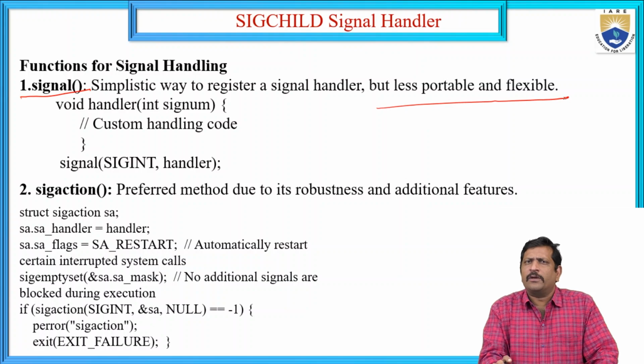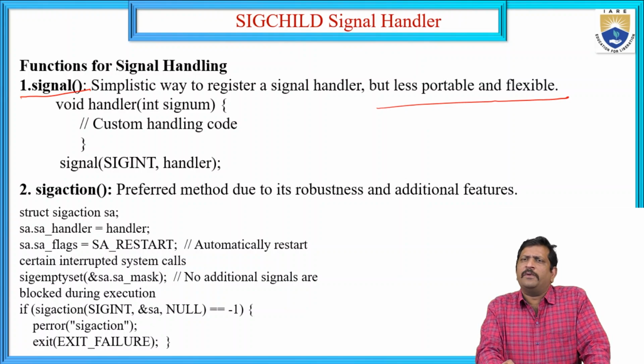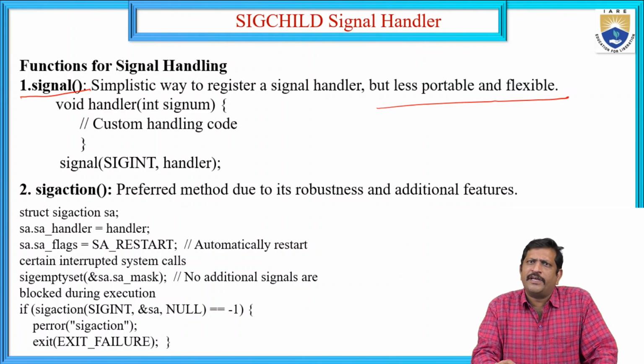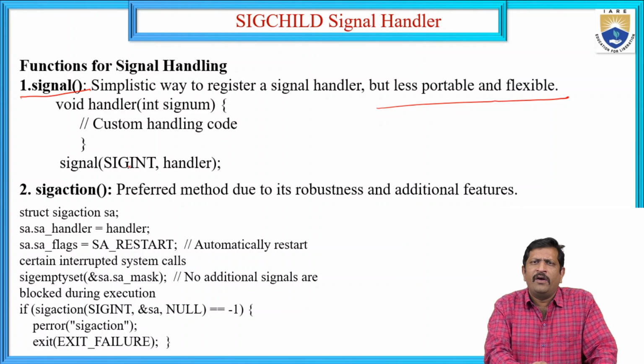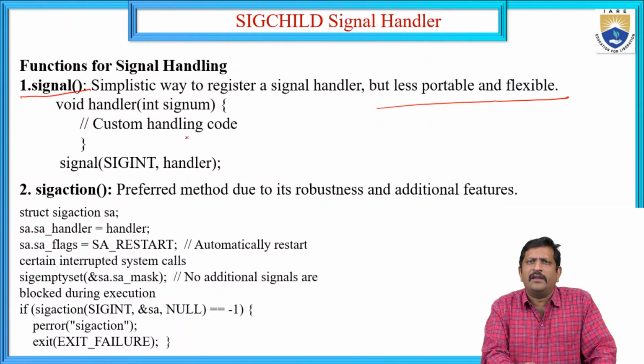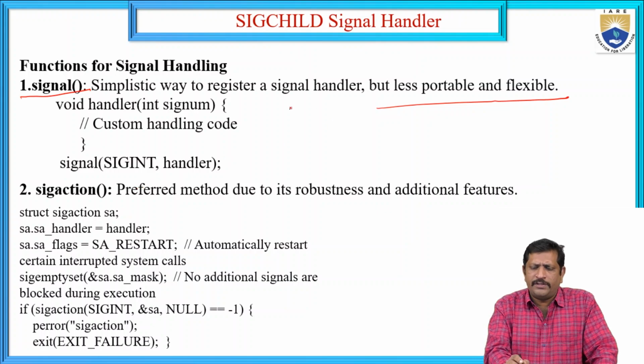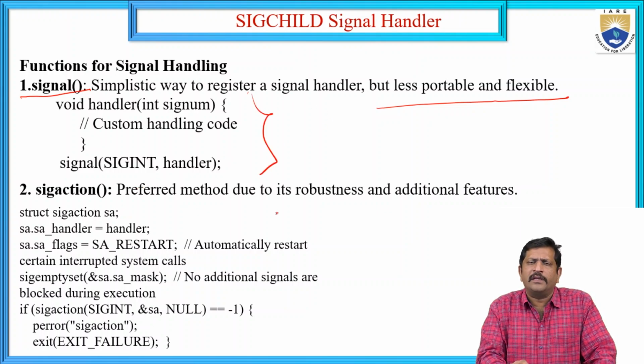Less portability means the signal behavior can change from one system to another. So it has very little portability and very little flexibility. Here is the code for this: a void handle_sigint function for signal interrupt custom handling. So this is the code for signals.